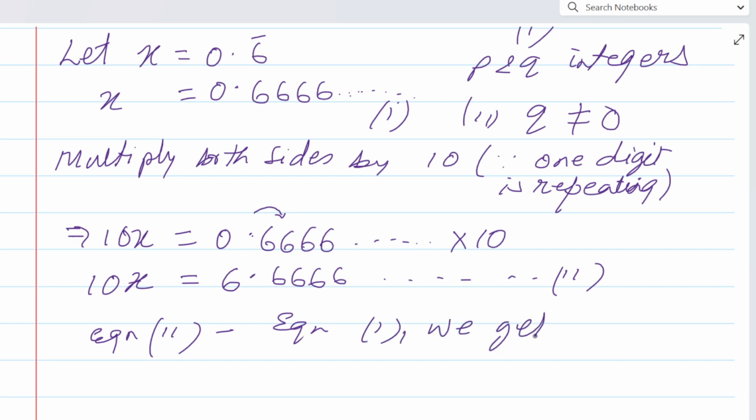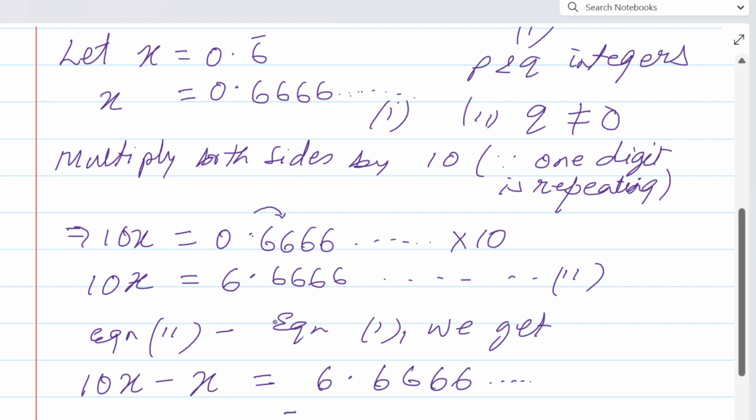We get 10x minus x on the left side, and on the right side 6.66666... minus 0.6666... What will you get if I subtract these two?